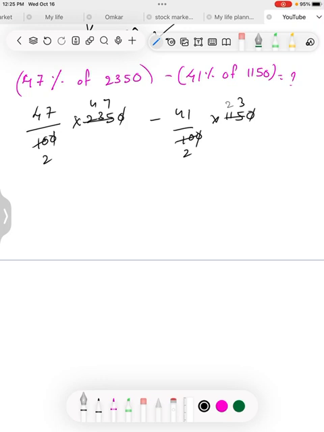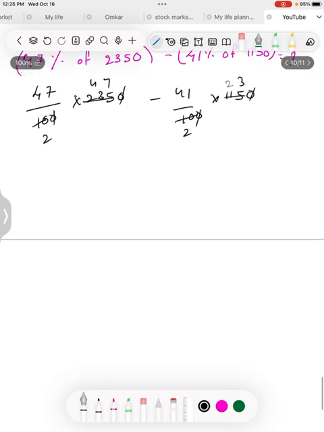Just do the multiplication. We can just do the multiplication simply.